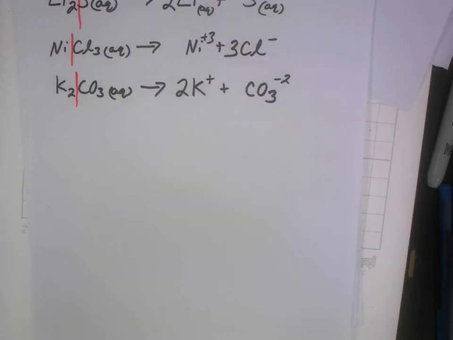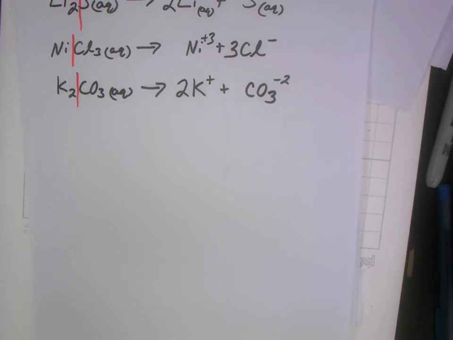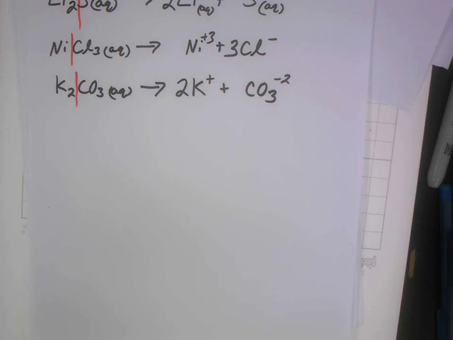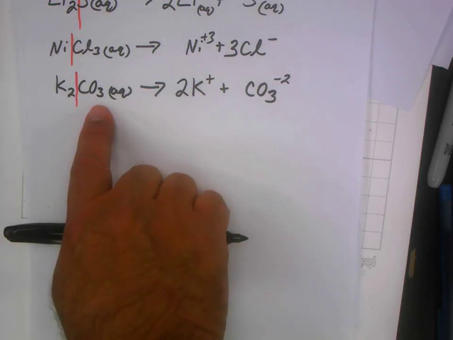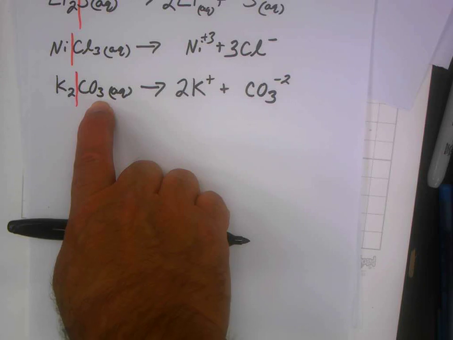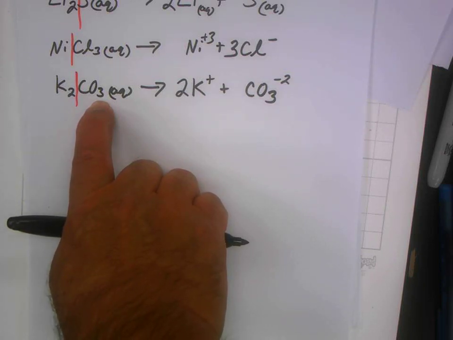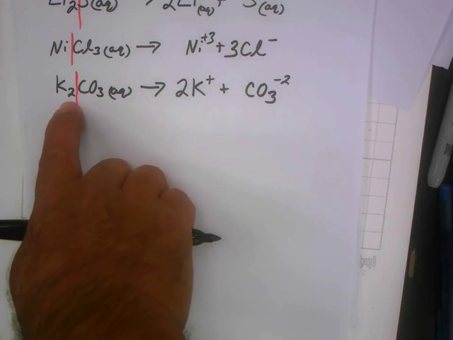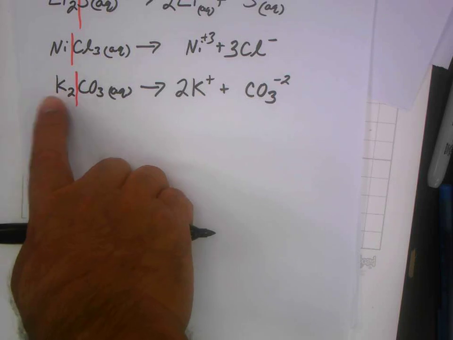If we had moved the 3 to the front, it's going to tell us a different thing. It's going to tell us that we have 3 COs, which is like having a CO, then a CO, then a CO. That's what that implies. Okay. So when the subscript is part of the polyatomic ion's formula, you don't move it to the front. But when it is just there to show you how many of that ion you needed, then you do move it to the front.